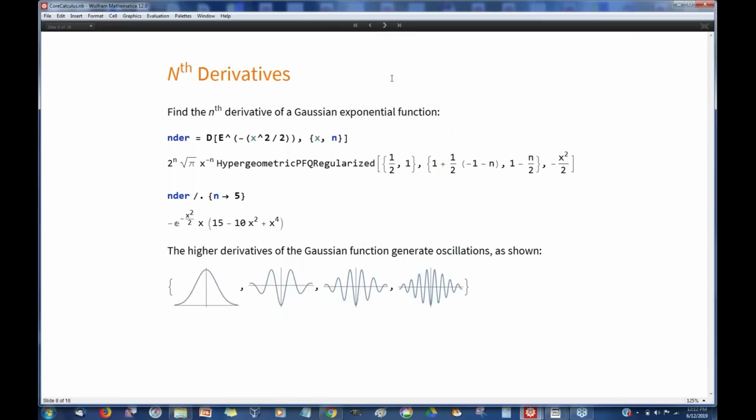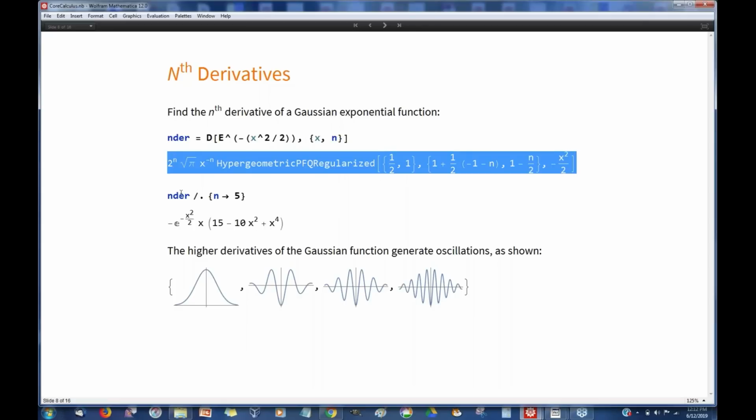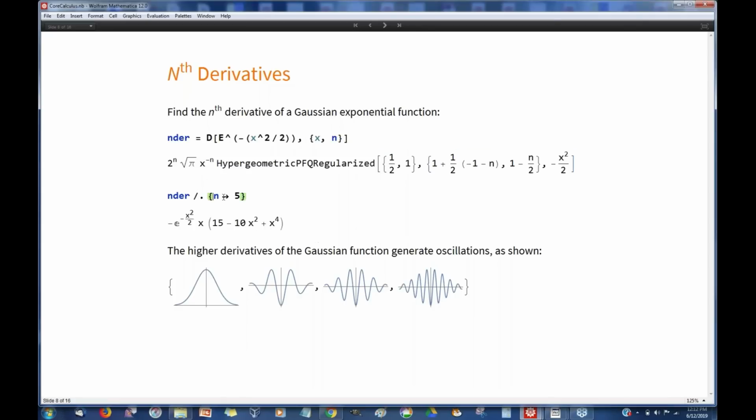And the other point, of course, is that we have support for nth derivatives in this new release. So in earlier releases, you could find the first or second derivative, but here's a second function over here, and the nth derivative is this rather messy expression over here. But as soon as you put n to be a specific integer, you get back a very, very nice expression.